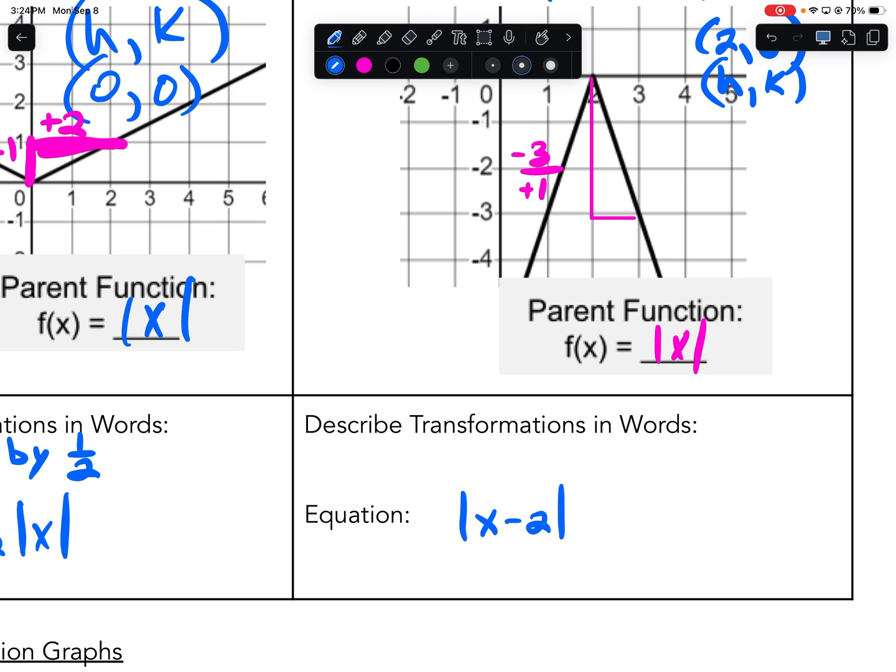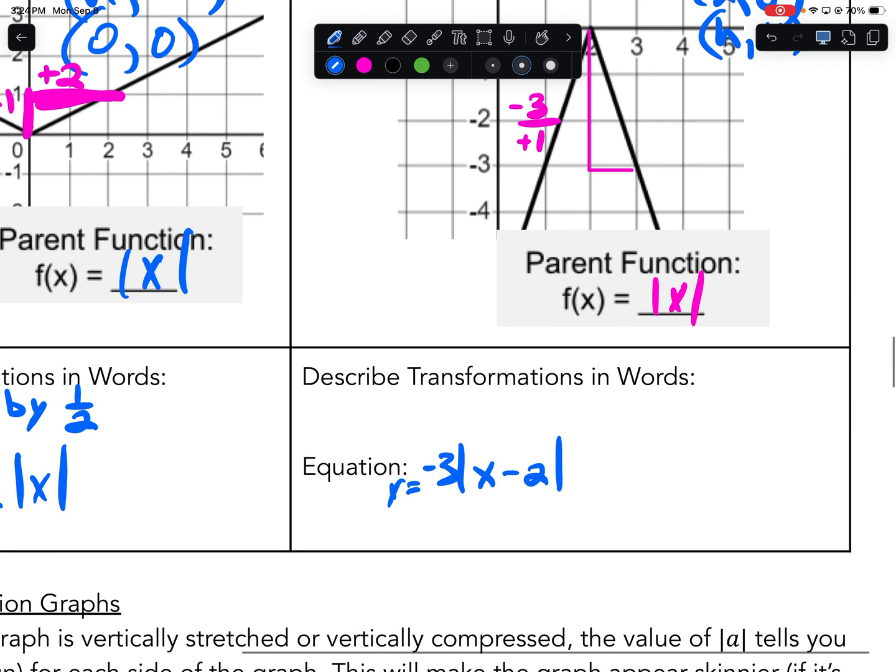What goes in front of the absolute value bars? It's -3, because it's upside down. You can think of that negative as separate because that's really a reflection over the x-axis. And the 3 is what stretches it, so it makes it skinnier, right? So we have three transformations here. First one, reflect x.